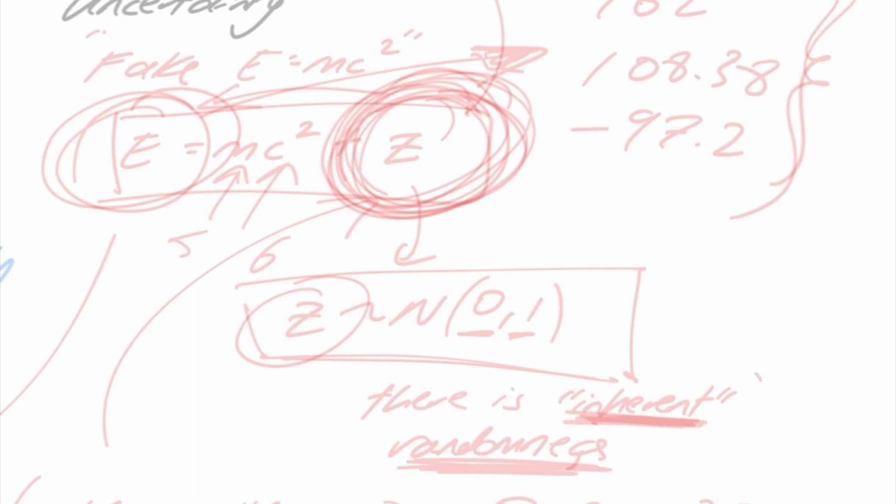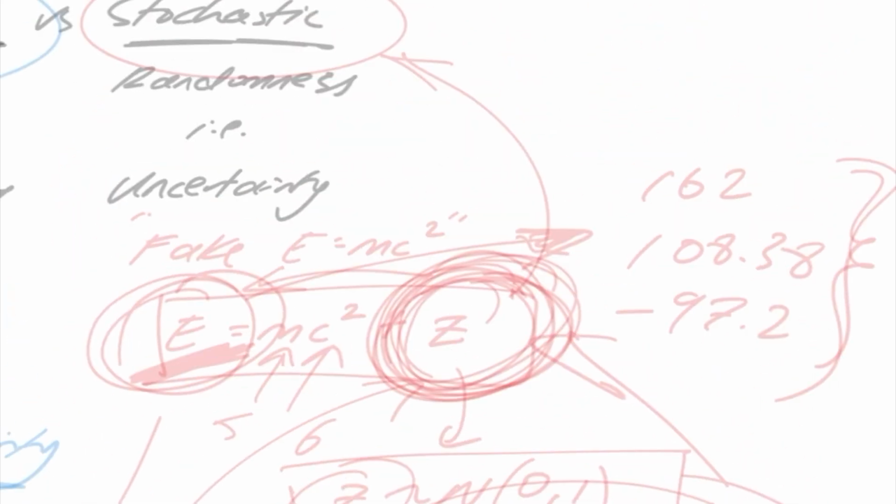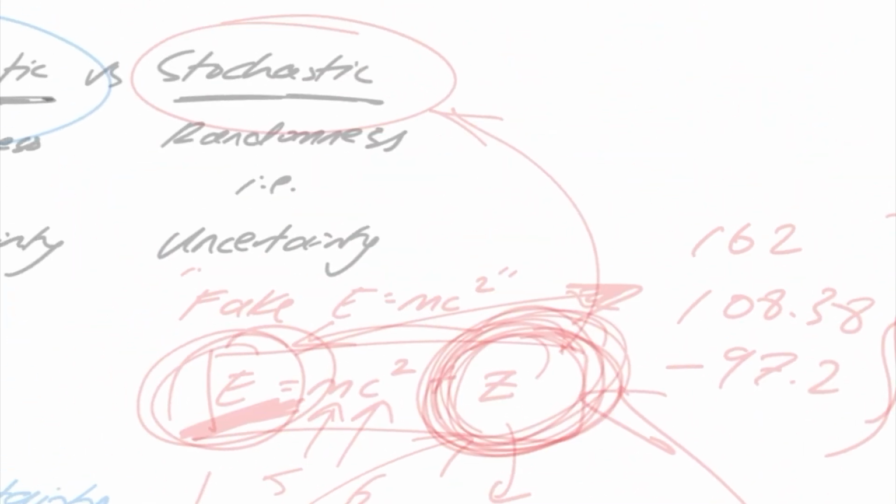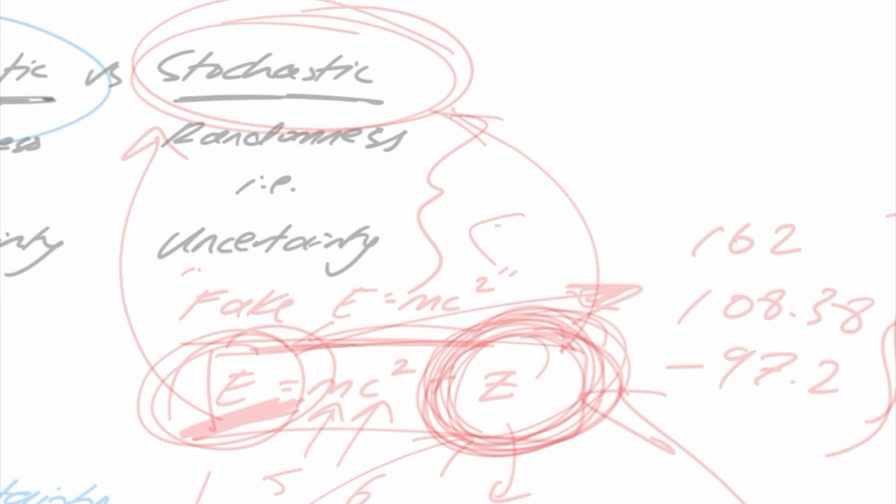This is what makes this random, and fundamentally, it's what makes this model, this fake E equals mc squared, stochastic. This is the randomness, the uncertainty part of this model. Again, because of this Z, E can theoretically be any number.